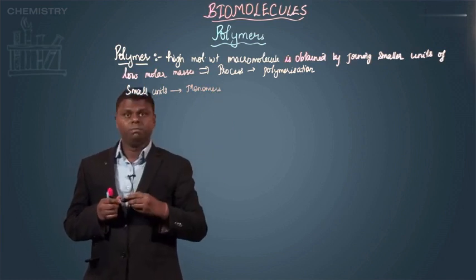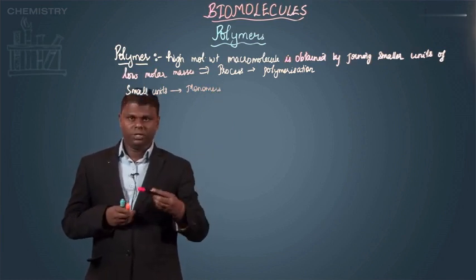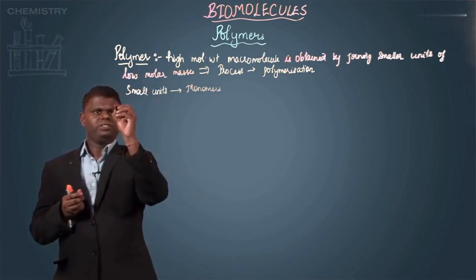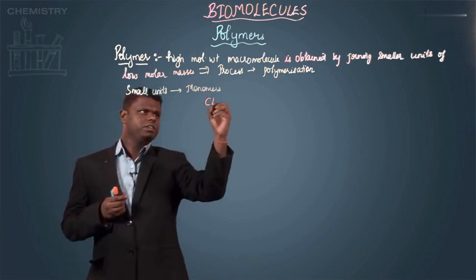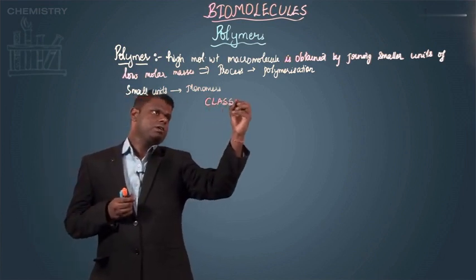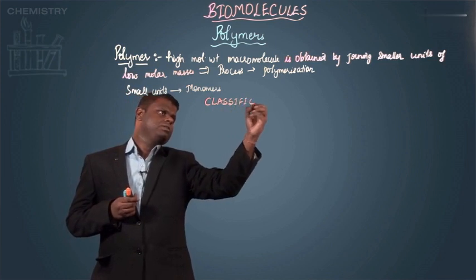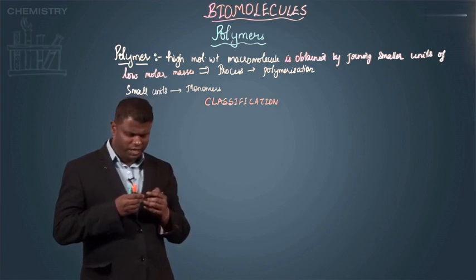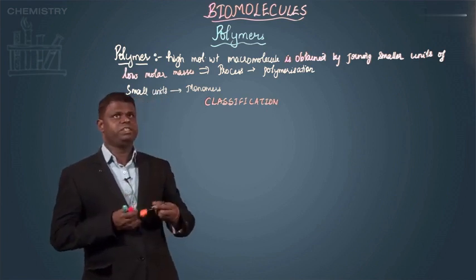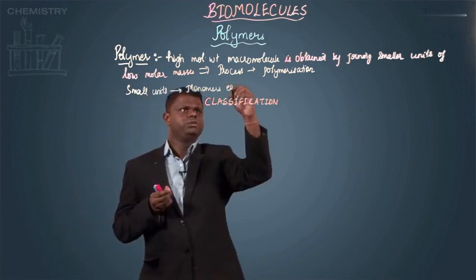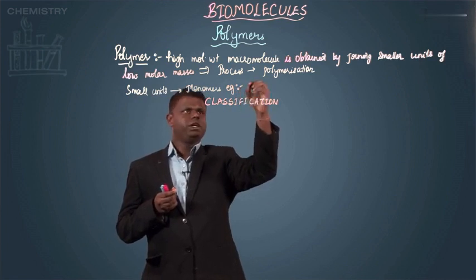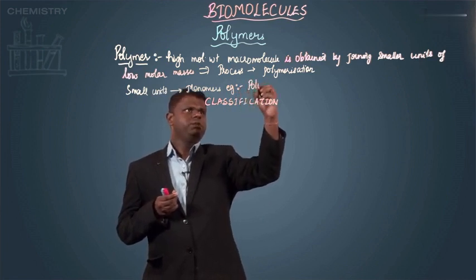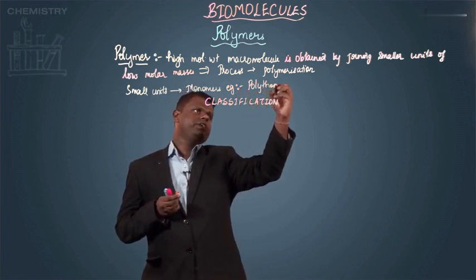Now let's have a brief account of the classification of polymers. Before the classification, let's have some general examples of polymers. You could write polythene, the polythene bags which we generally use.